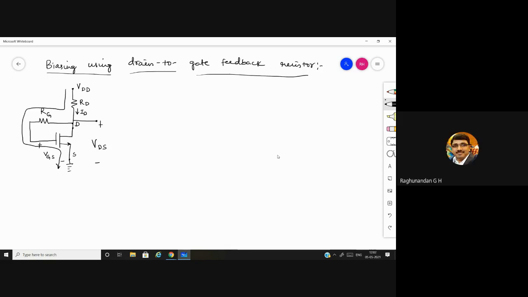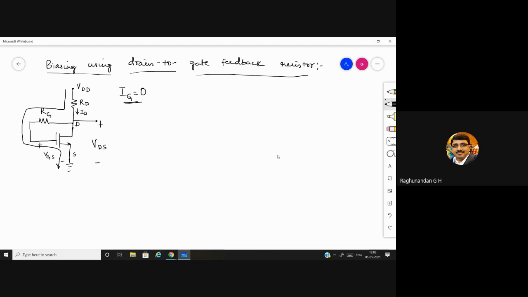In yesterday's class, I was telling that nowhere do we consider gate current, because the gate resistance is maximum, infinity. So that's why we consider the gate current as 0.